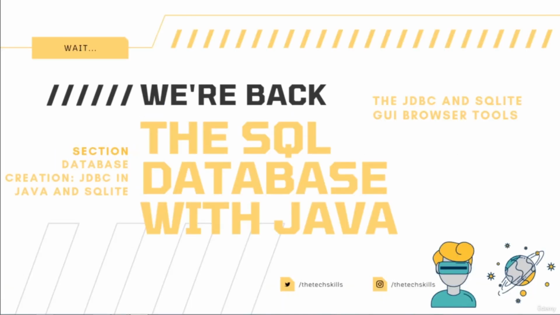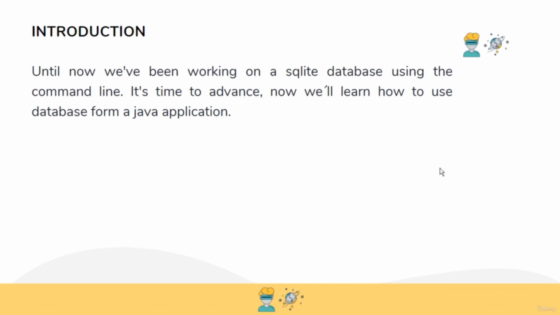This is the section of database creation, JDBC in Java, and SQLite. Specifically, this lecture is about the JDBC and SQLite graphical user interface browser tools. Well, until now we've been working on a SQLite database using the command line. We've been writing our queries, views, tables using the command line.